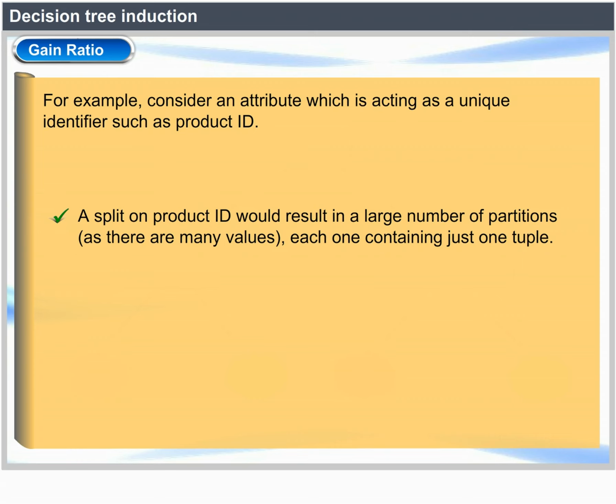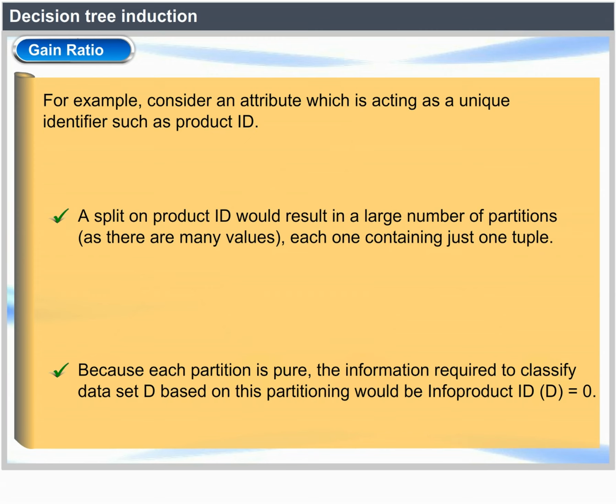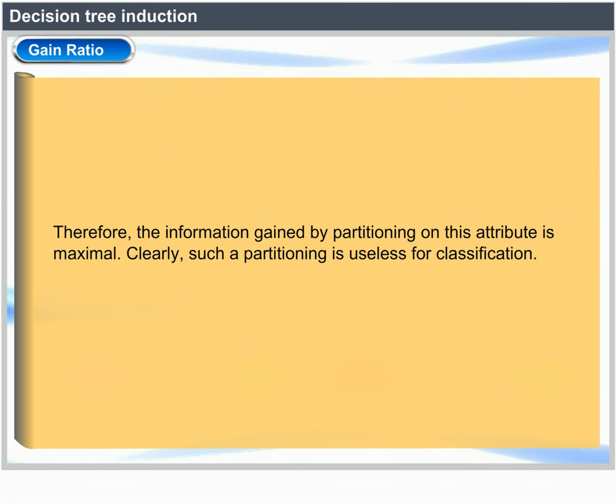Because each partition is pure, the information required to classify dataset D based on this partitioning would be Info_productID(D) equals 0. Therefore, the information gained by partitioning on this attribute is maximal. Clearly, such a partitioning is useless for classification.